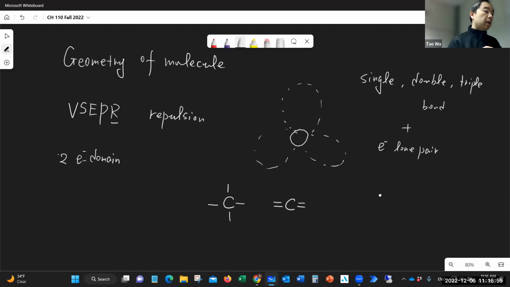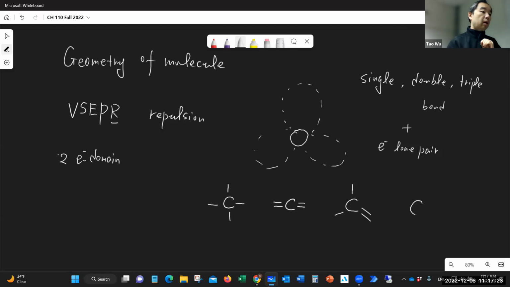But the carbon can also have, for example, 2 single bonds and 1 double bond. In this case, this central carbon atom has 3 electron domains. They have 2 single bonds, which count as 2 electron domains, and 1 double bond. So this guy has 3 electron domains. That makes sense, right?